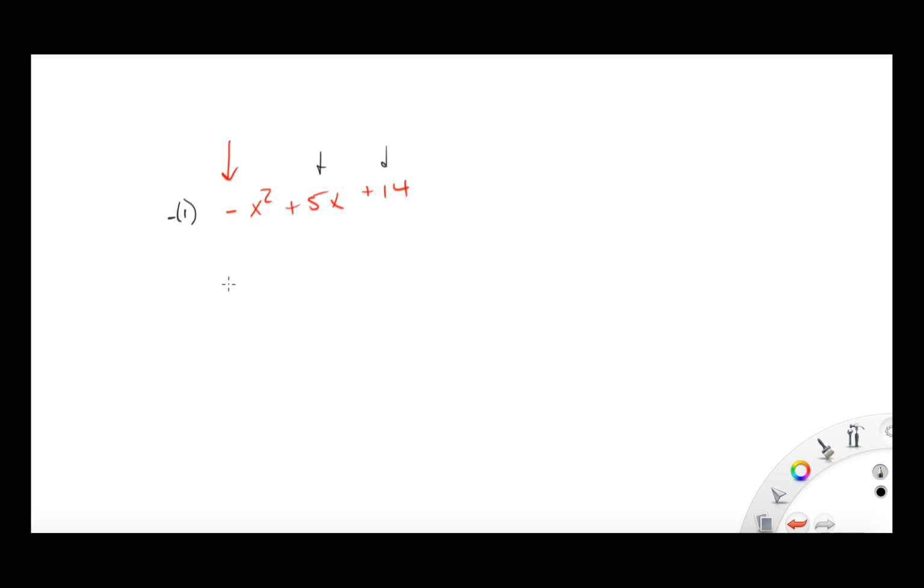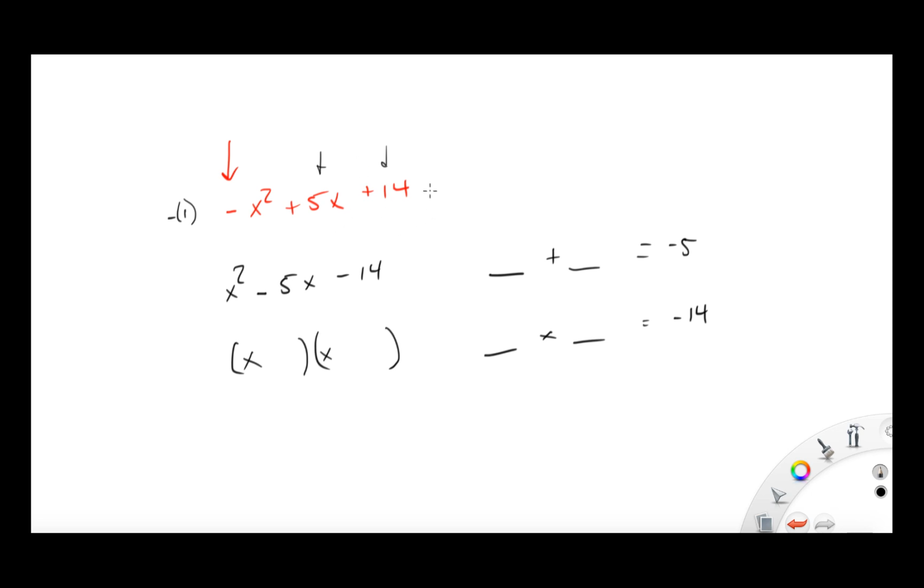So negative 1 times 1x squared is x squared minus 5x minus 14. Let's do the same thing. We know x squared means that we have two x's, so we have something plus something equals a negative 5, and we have something times something equaling a negative 14.